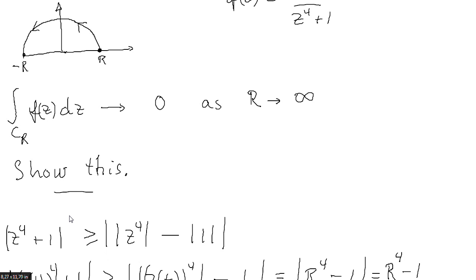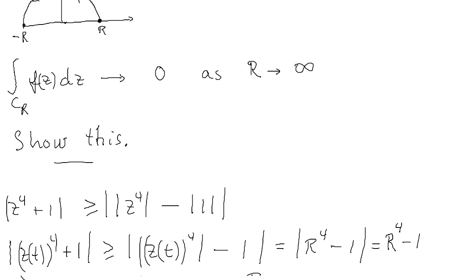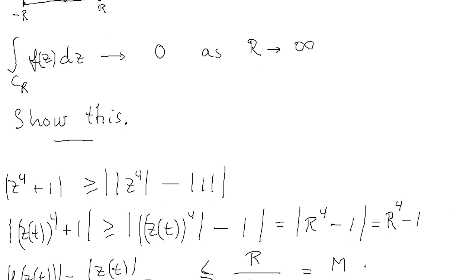Remember that it's stated that the absolute value of the sum or difference of two complex numbers is larger than the absolute value of the first of these minus the absolute value of the second of these. This is referred to as the reversed triangle inequality.